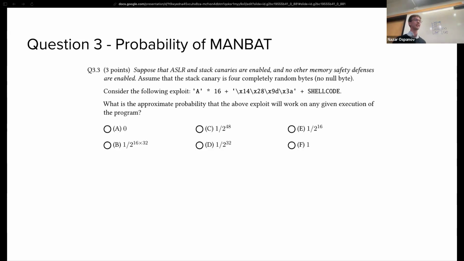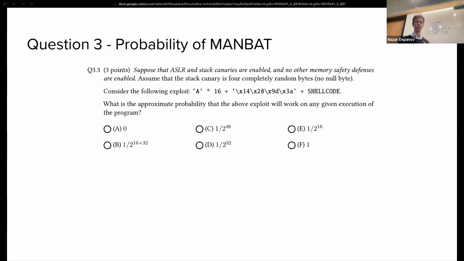So the probability that this exploit will succeed: from the previous part, we have found that it's going to be 1 over 2 to the 16, without any canary. But in the case that the canary just so conveniently turns out to be AAAA, which requires 4 bytes, or 32 bits, to be equal to AAAA, this exploit will work.